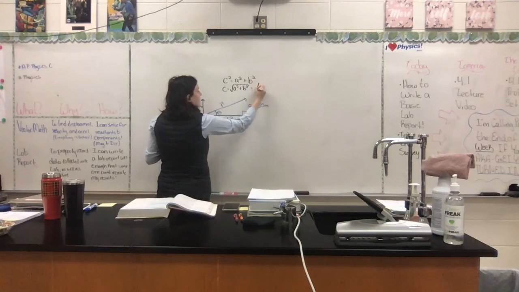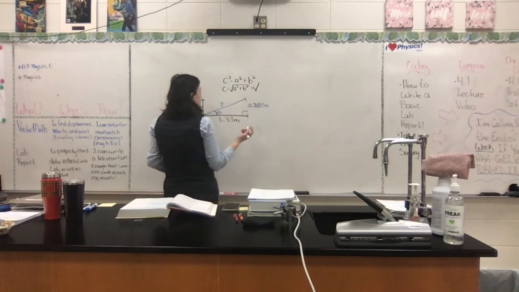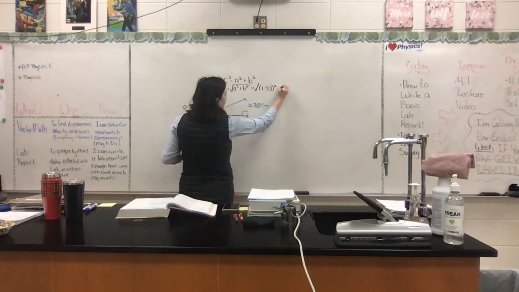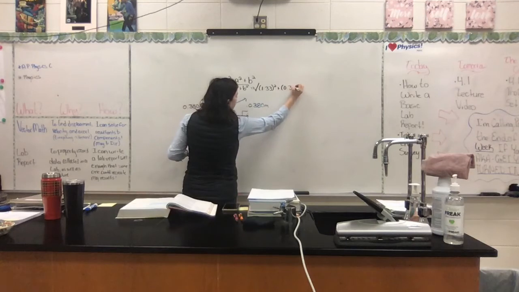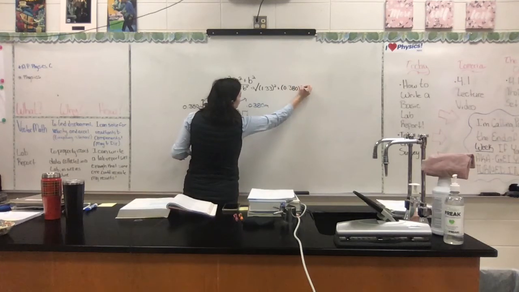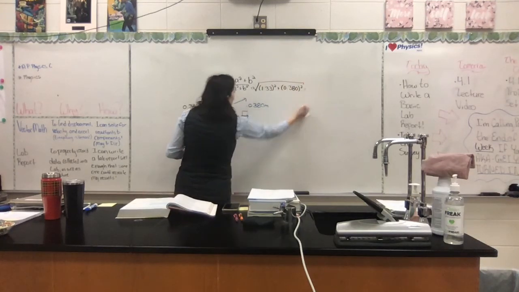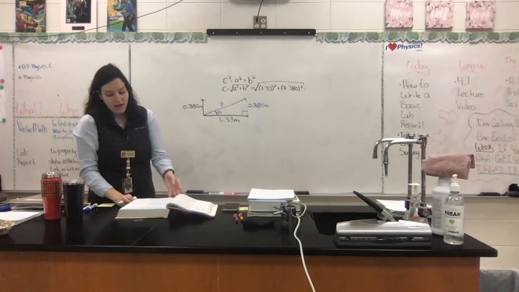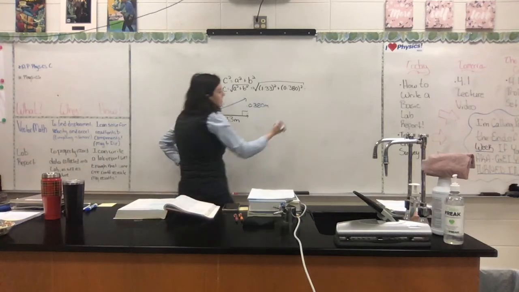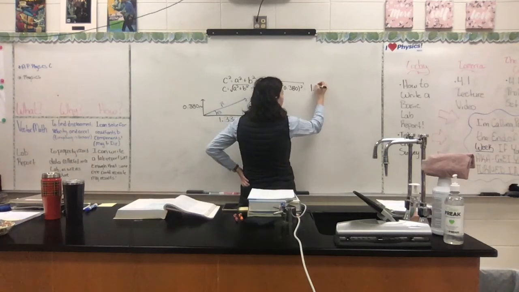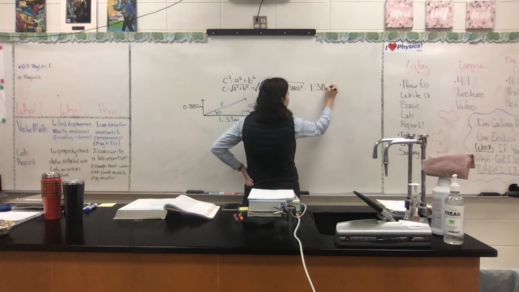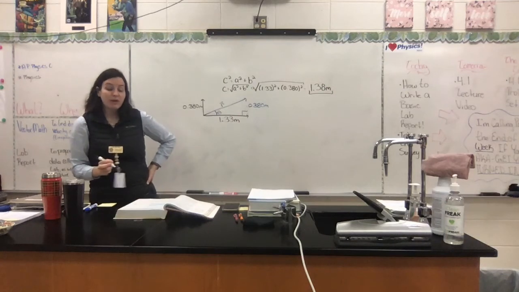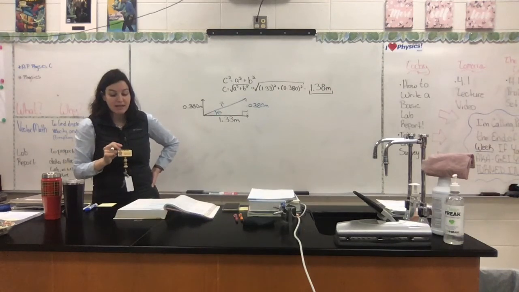When we do that, we are going to have that the square root of 1.33 squared plus 0.380 squared is going to be equal to the magnitude of this vector R, okay? What we get when we do that is 1.38 meters, okay? So that's how long we would need to make the ramp, 1.38 meters.